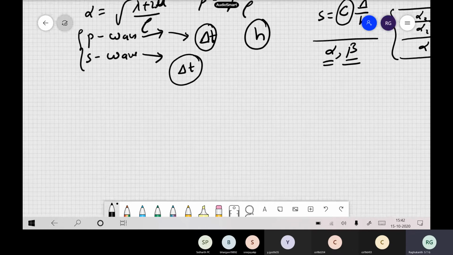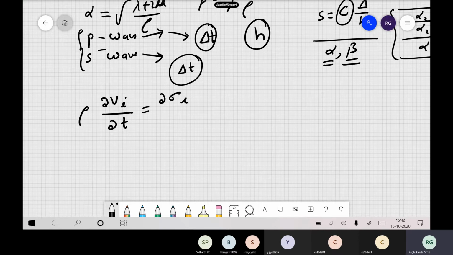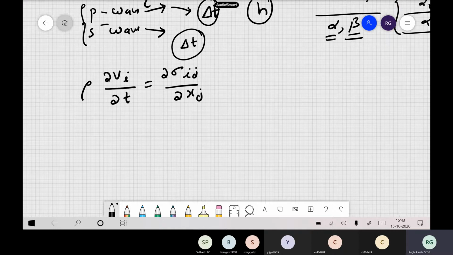If I write in indicial notation, this is my velocity-stress formulation. This is dou sigma ij by dou xj, and the stress equations.